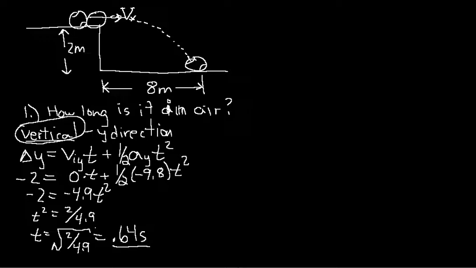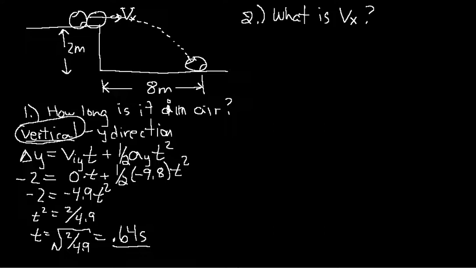Now the next part of the problem may ask, what do we ask in the next part of the problem? Next part of the problem, we wanted to know what was the initial velocity of the tennis ball or the baseball as it left the desk. So part 2, what is v sub x?